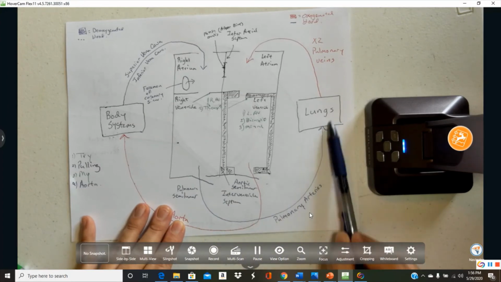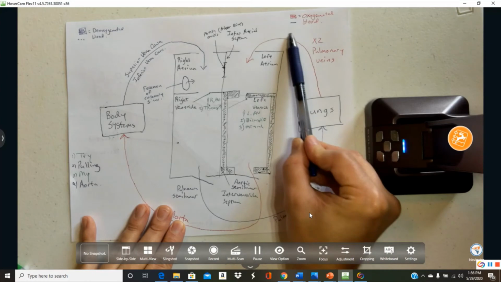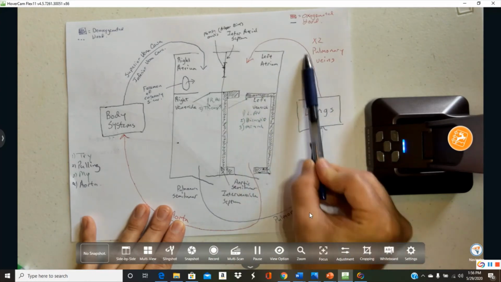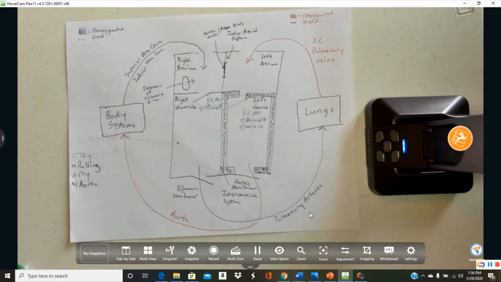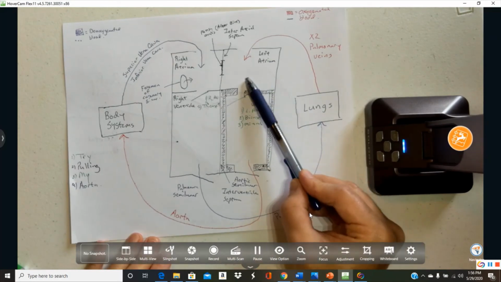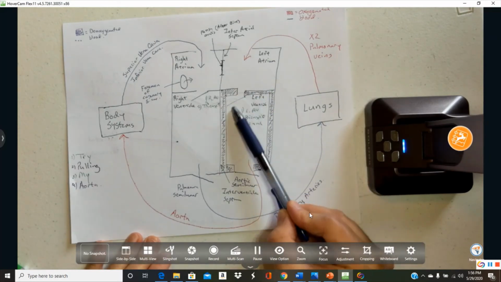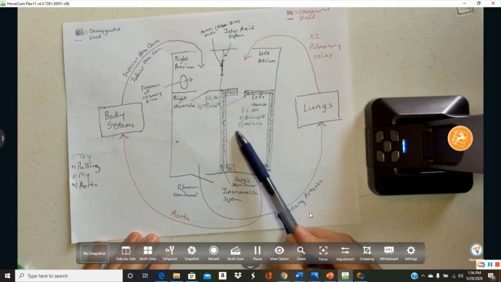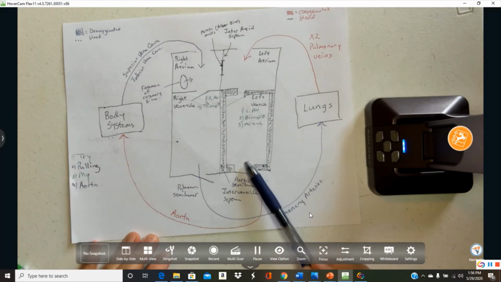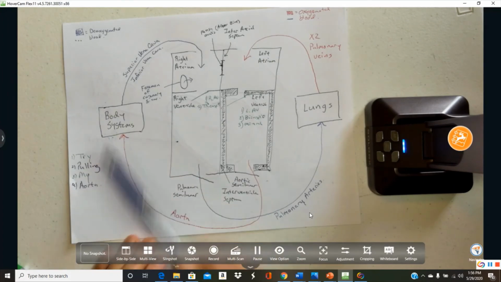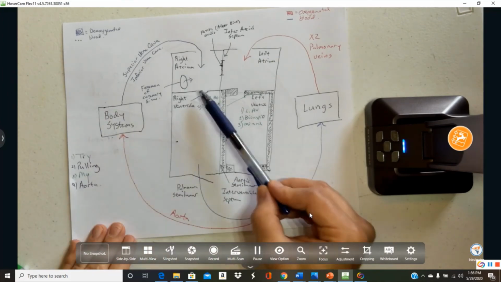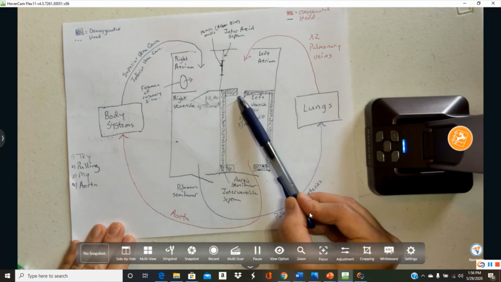From the lungs, it picks up oxygen. Oxygenated blood arrives through the pulmonary veins to the left atrium. Then that blood passes through the mitral valve into the thick left ventricle. The left ventricle pumps that blood out through the aortic semilunar valve to the aorta to the body systems. And there we go. Try pulling my aorta.